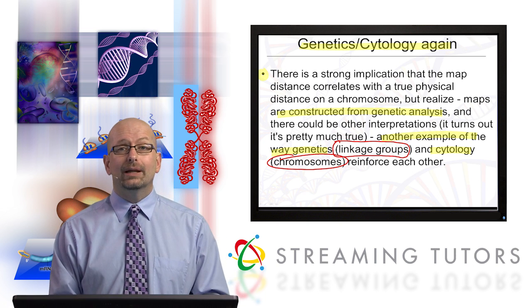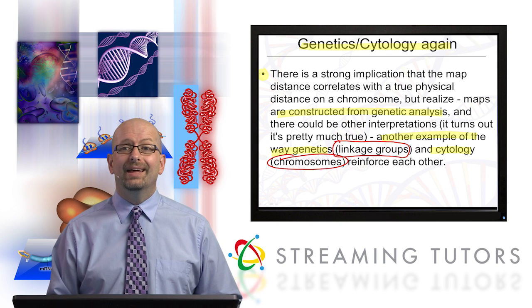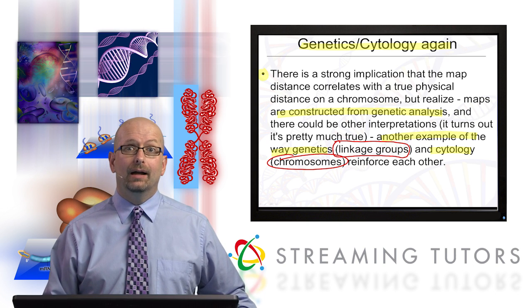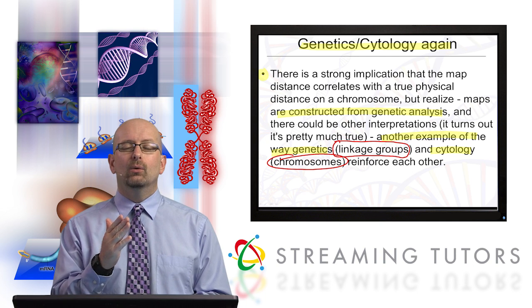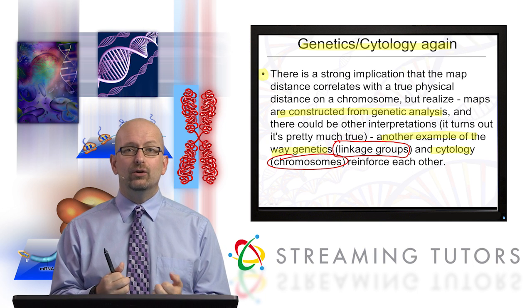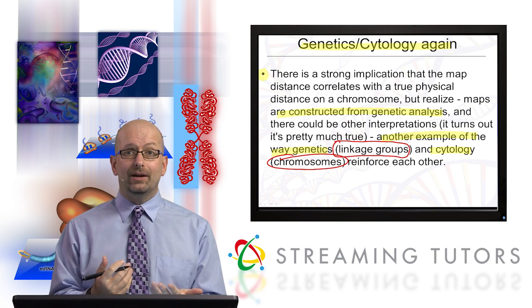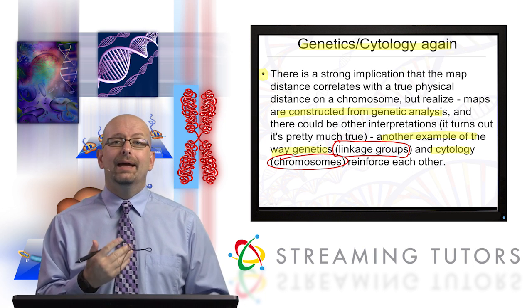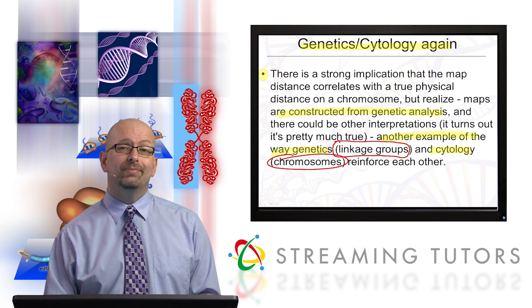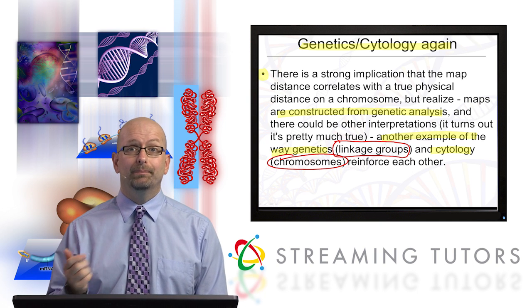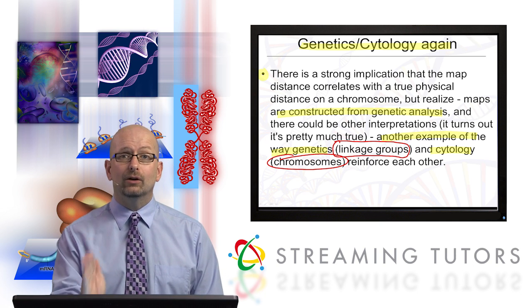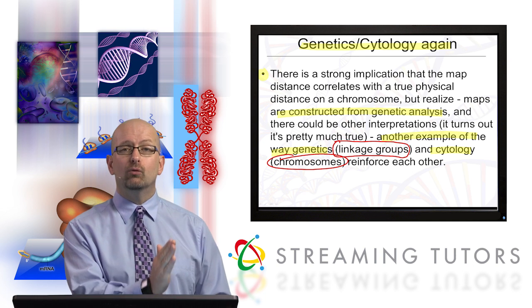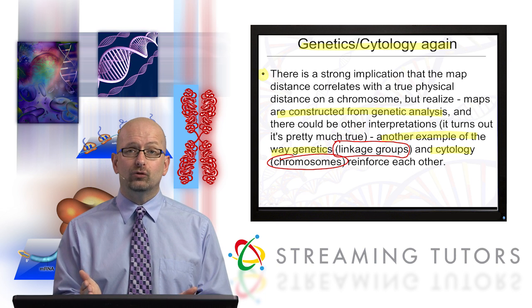On the other hand, though, let's think about something that could happen that would not allow you to say that there's a direct correlation between map units and physical distance. Because one thing that's being assumed here, but it may or may not be true, is that crossovers occur completely randomly at any place on the chromosome.